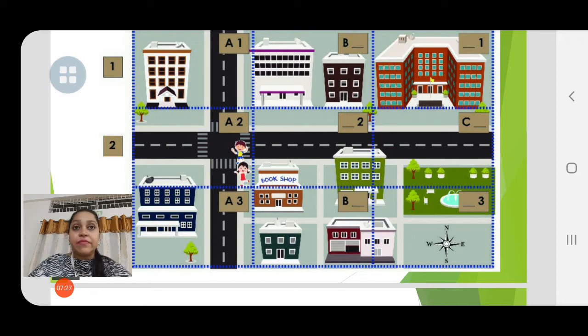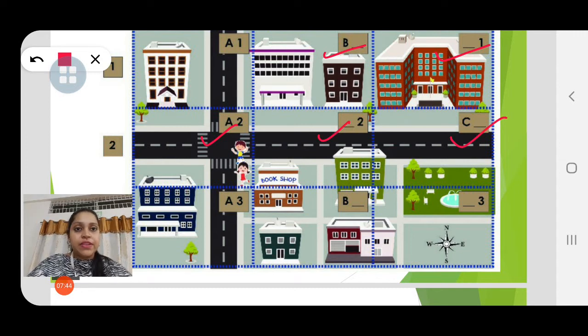Okay children, and here the names of the squares which have been divided by the straight lines are given. Suppose here A1 is there, the next will be B1, then C1, then A2 is there, next will be B2, C2. Now these are the names of the blocks.